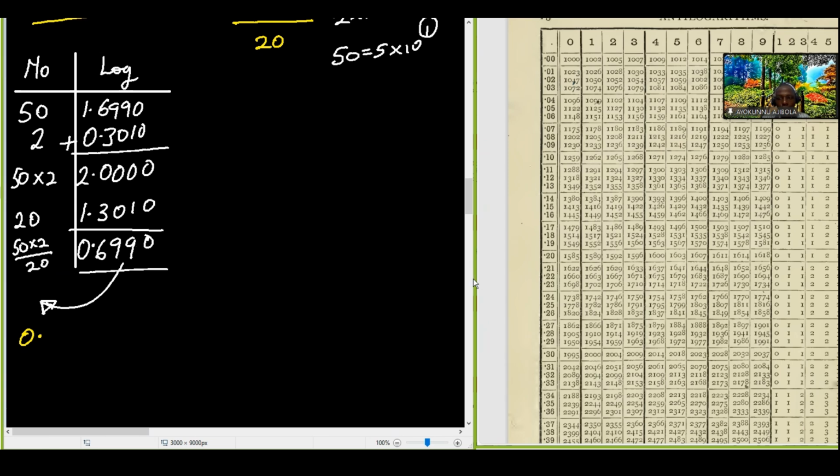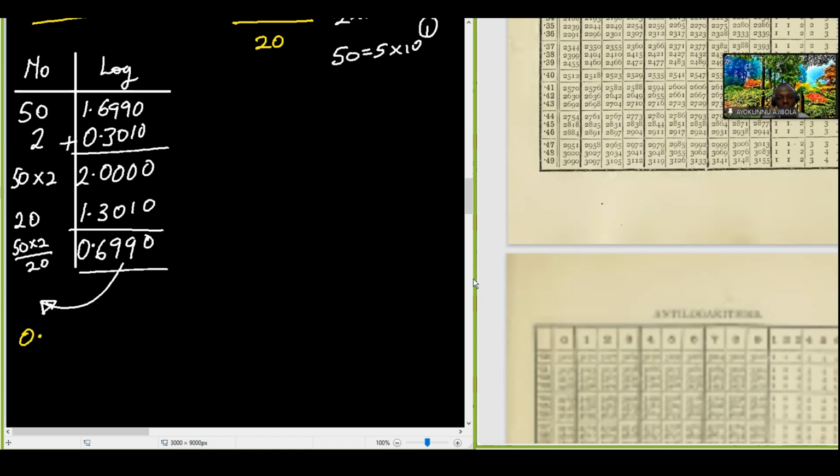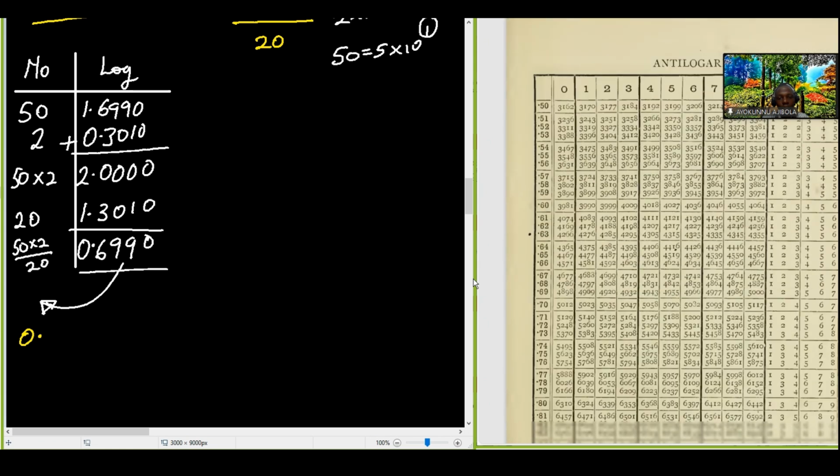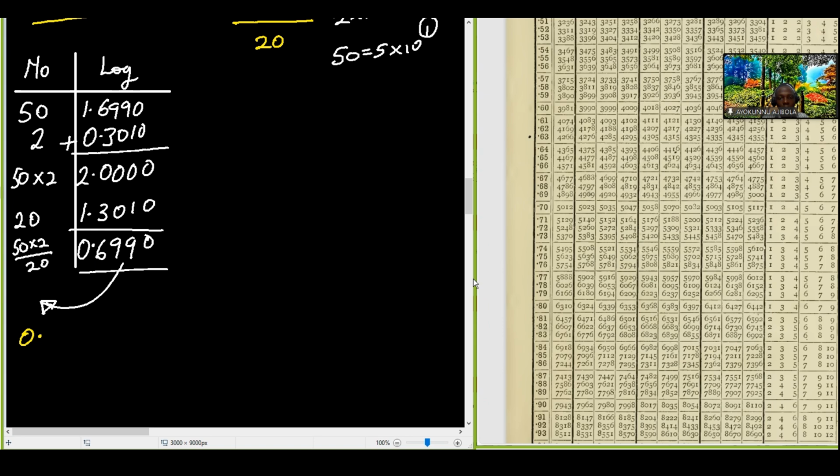So that is 0.69. So at the base here 0.49, then the next page is 0.60 here, then 0.69 is somewhere here. Can you see my mouse? Good. So this is 0.69.